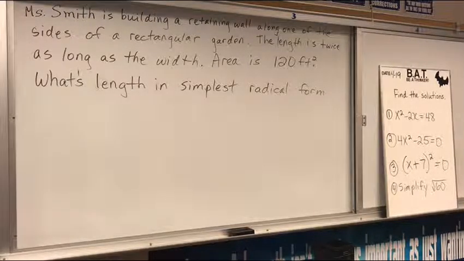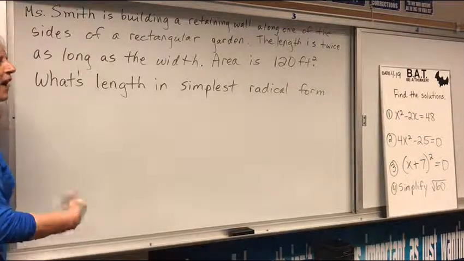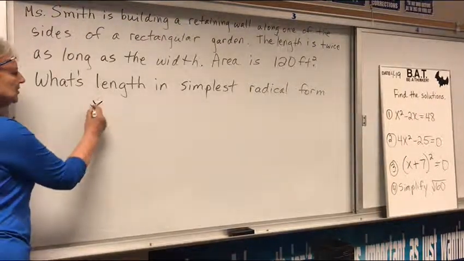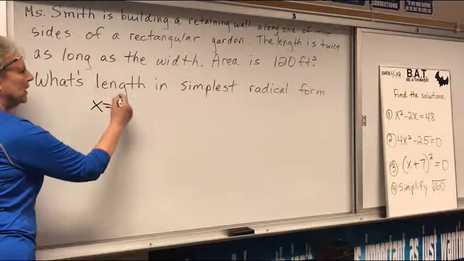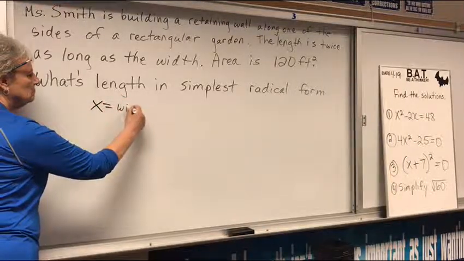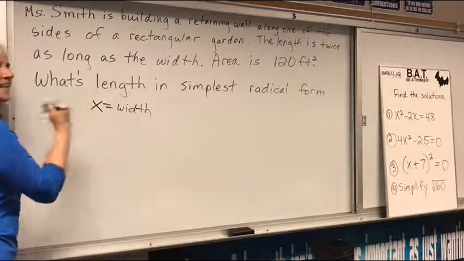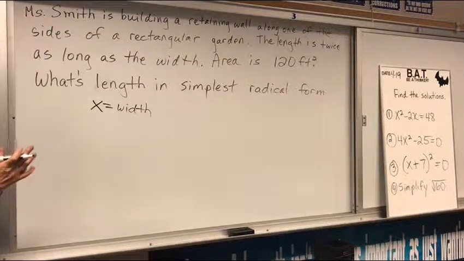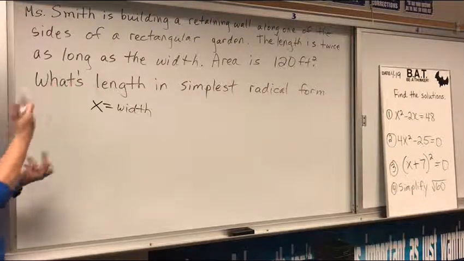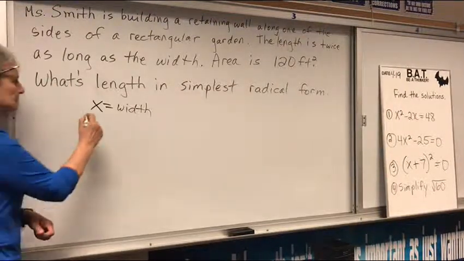First, you're going to define your variable. X equals width. What will the length be if x is the width? 2x. Twice as long.